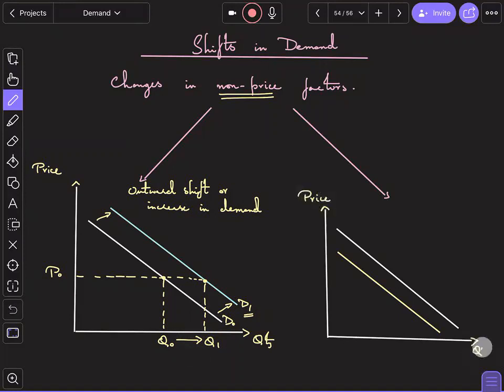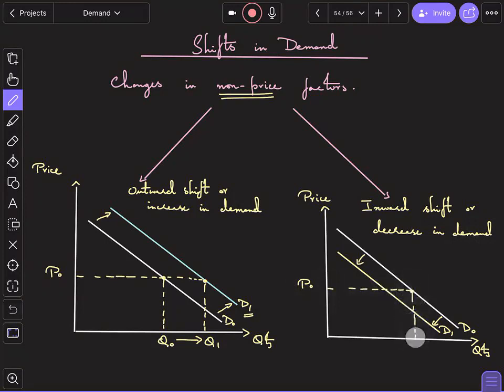On the contrary, let's say D naught is the original demand curve, and if the demand curve shifts inward, this is called an inward shift, or decrease in demand. So at original price P naught, earlier the consumers were at D naught and they were demanding quantity Q naught.